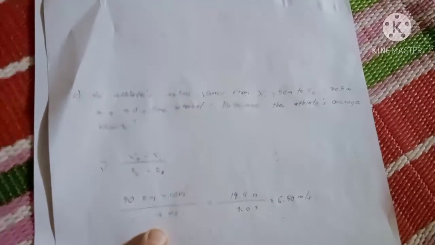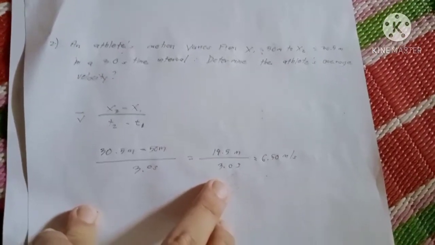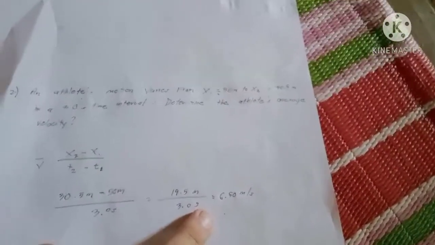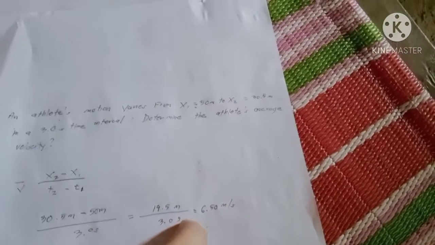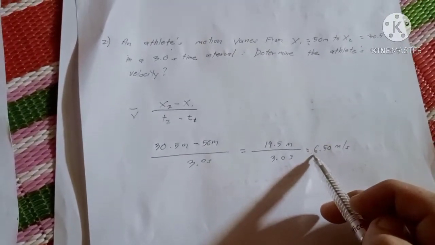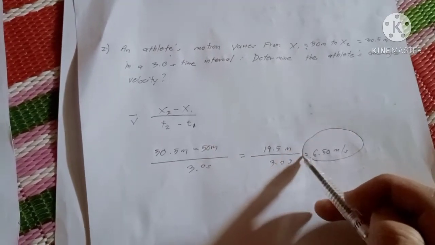So the numerator, copy it, and then divide by the denominator, which gives 6.50 meters per second. And this is the average velocity of the given problem.